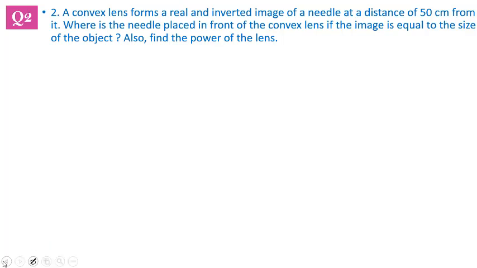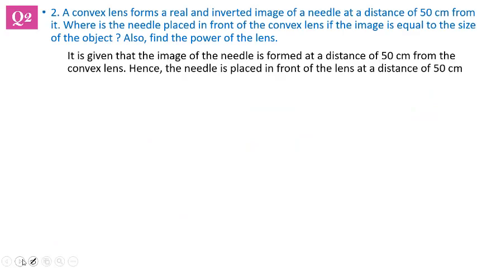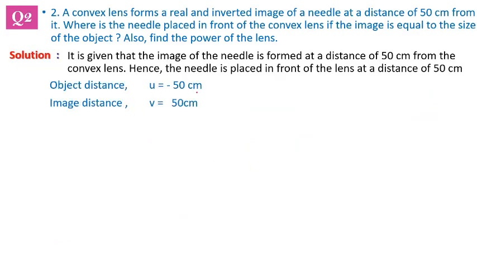If the image is formed at 2f2, obviously the object will be at 2f1. Hence, u equals -50, v equals 50 given. Focal length equals f.